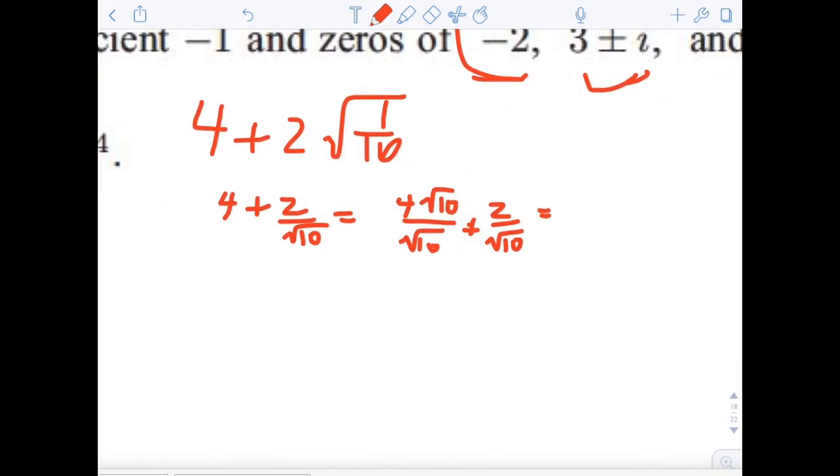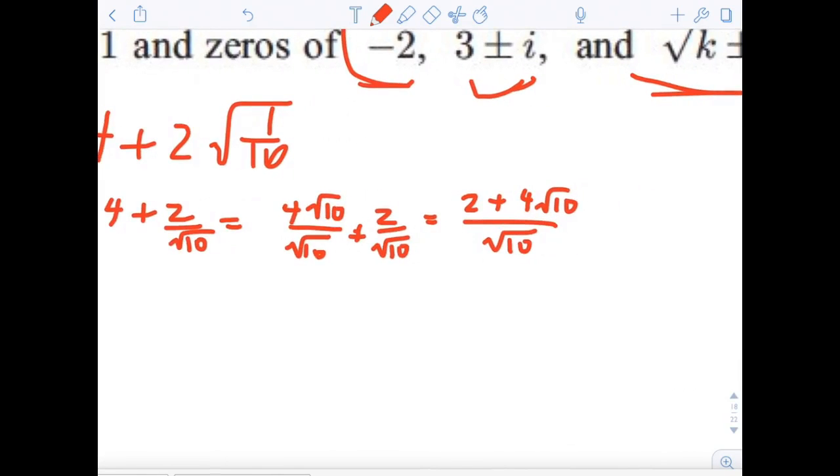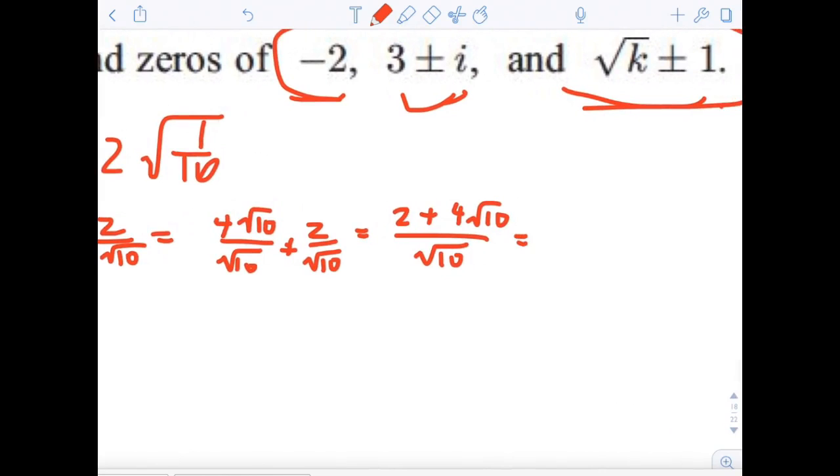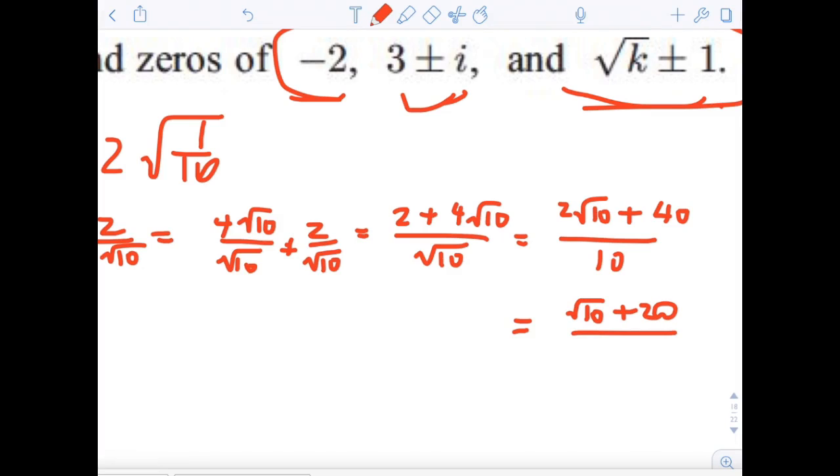That's equal to 2 plus 4 square root of 10 divided by square root of 10. Then we multiply both the top and the bottom by square root of 10, and we get 10 on the bottom and 2 square root of 10 plus 40 on top. As a last simplification, you could divide everything by 2, so then you would get square root of 10 plus 20, divided by 5.